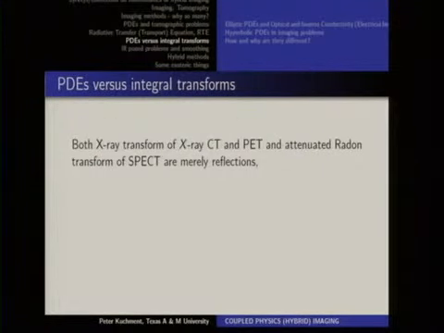Now, what we have noticed so far is that in all previous techniques, you have two points of view. Either you have an integral transformation that you want to invert. It's Radon or attenuated Radon with this weird weight. By the way, knowing an inversion formula is neither necessary nor sufficient for making a machine.